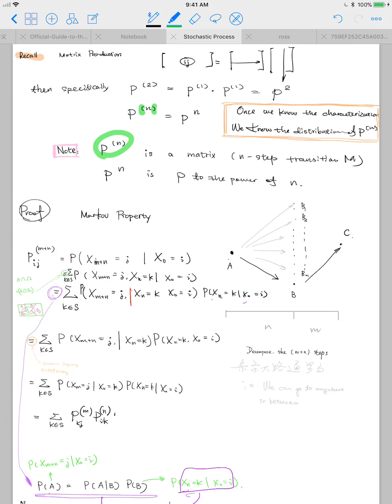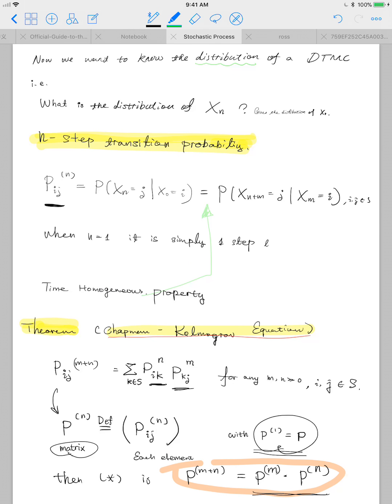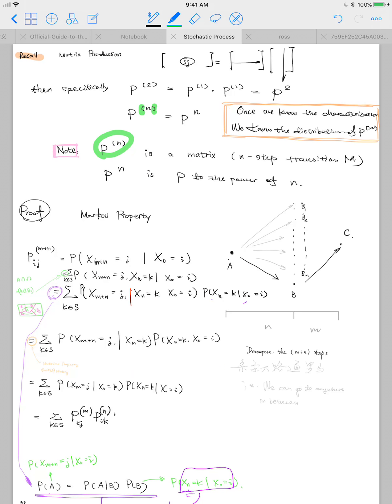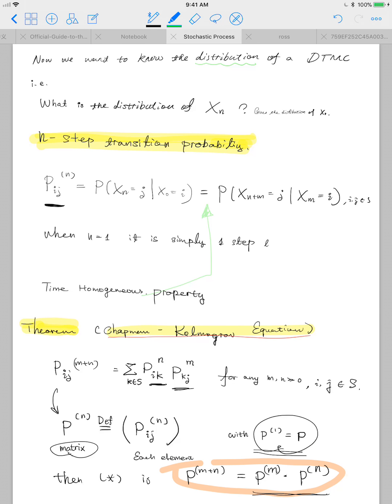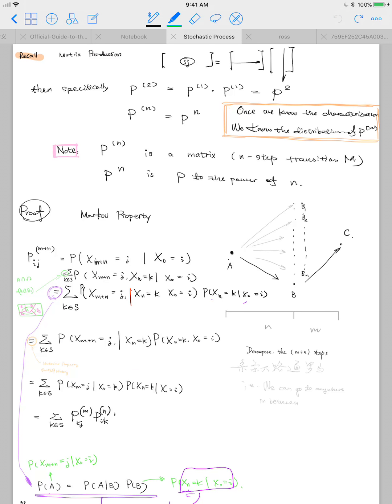So now we are going to prove the CK equation. Noted in the graph here, what the CK equation does is simply decompose how one goes from one state to another.